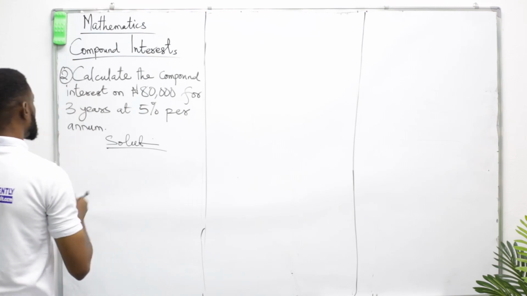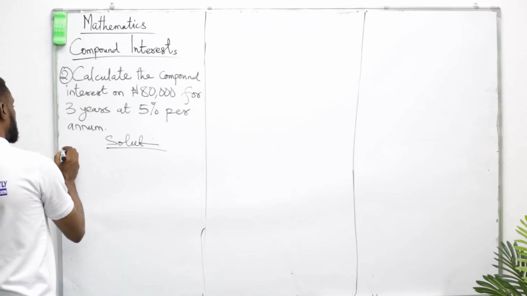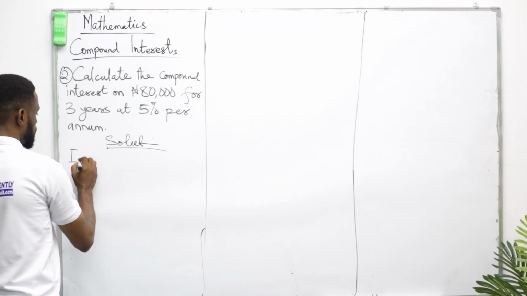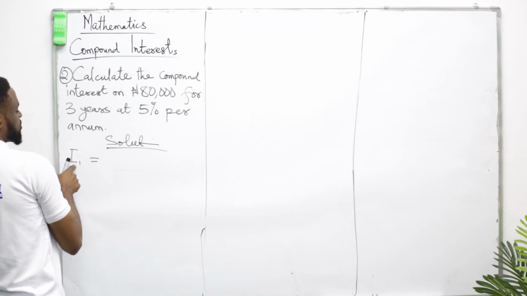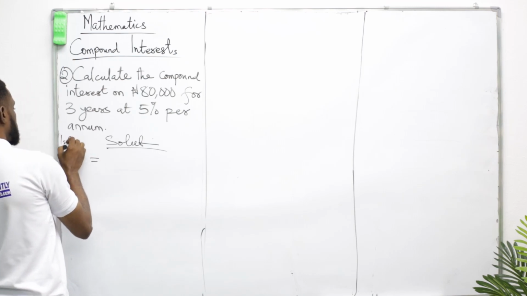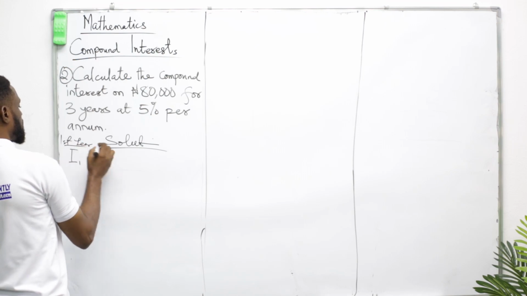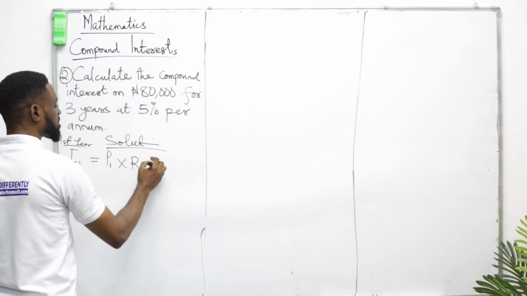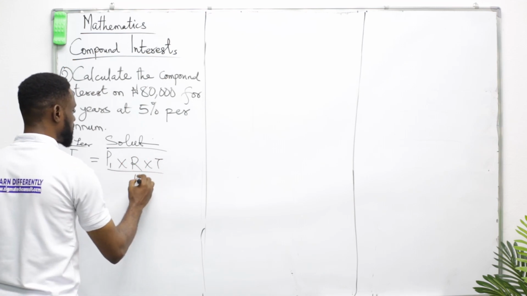So year one, we look at this. The interest of the first year is equal to principal of the first year times rate, which is constant, times time, all over 100.